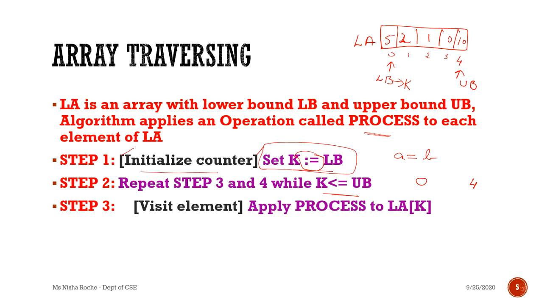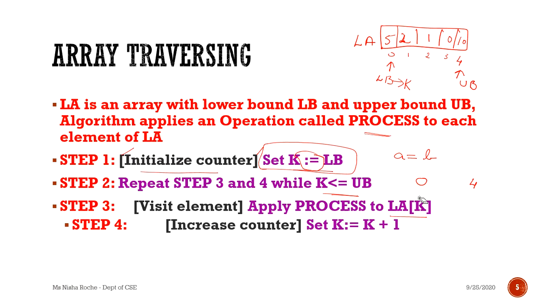Step 3, visit element. So apply process to LA of k. So for each element of the array, we have to apply some process. Step 4, increment counter. Set k equal to k plus 1.